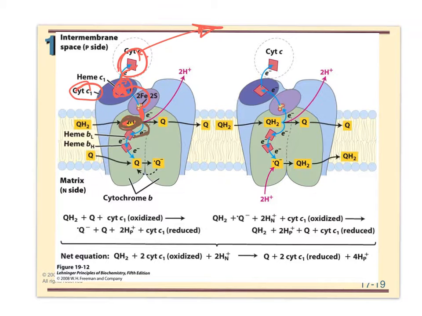It gets passed off towards the mitochondrial matrix side, that N side, to first the heme BL, because it's got the lower potential. Then it goes to heme BH, because it's got a higher potential. Then it goes down here to that 2nd Q site.